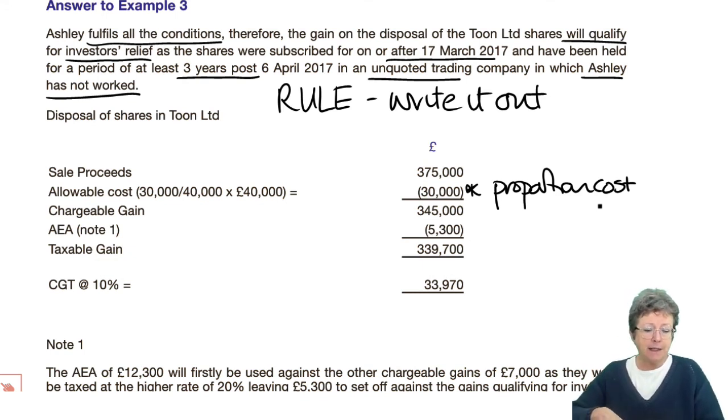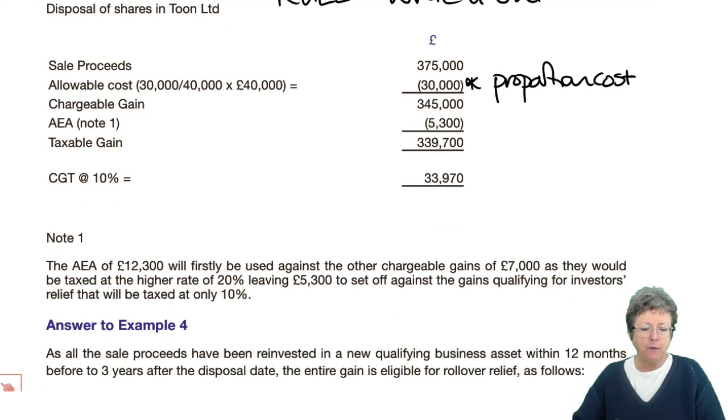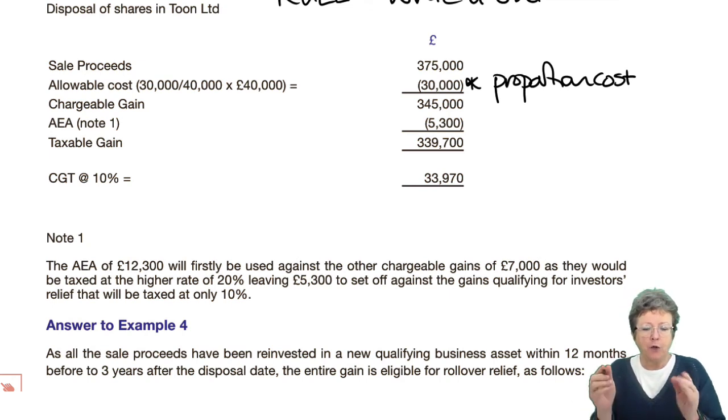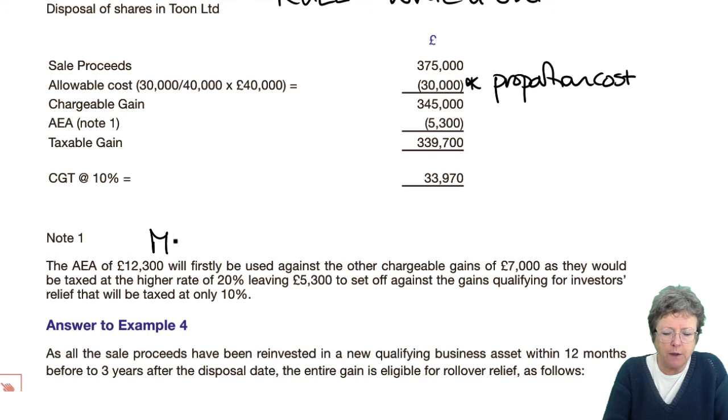Now, the AEA. Here, in this answer, we've done a kind of marginal working rather than writing everything out in full. This is what I would call a marginal working.